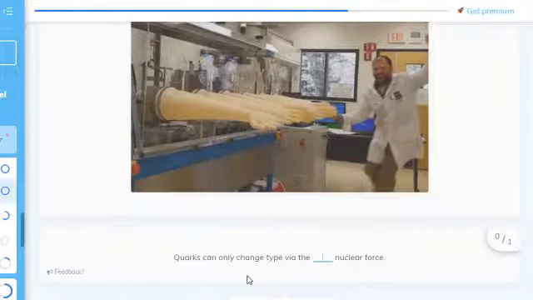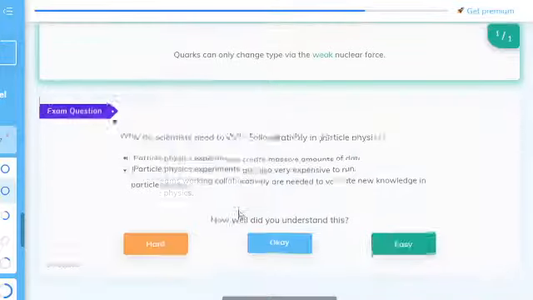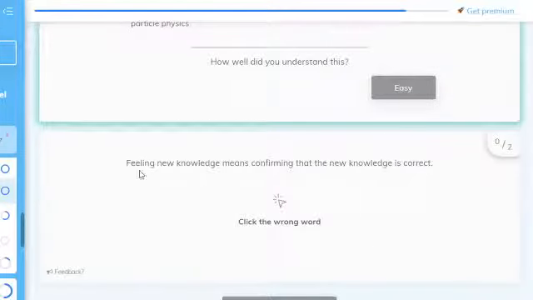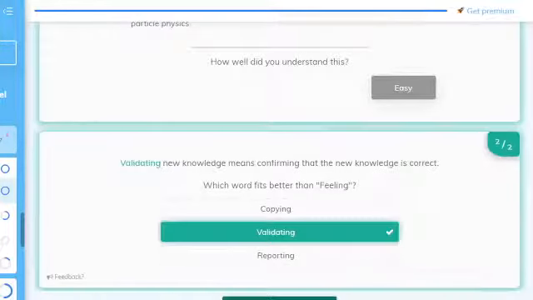Quarks can only change type via the weak interaction, the weak nuclear force. I got it wrong last time, I apologise.